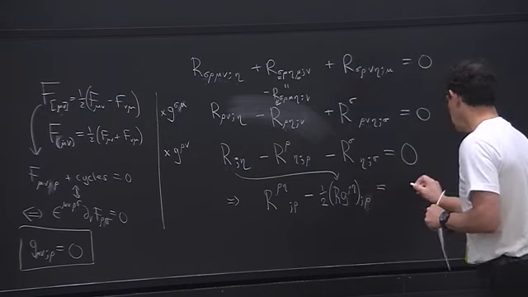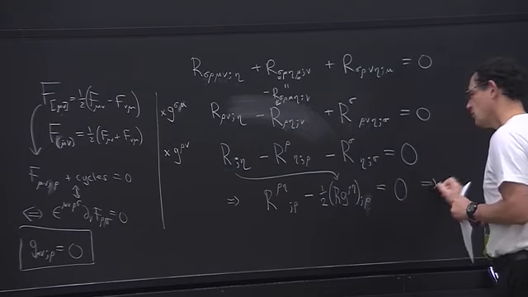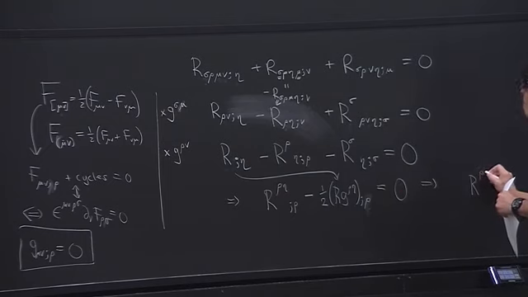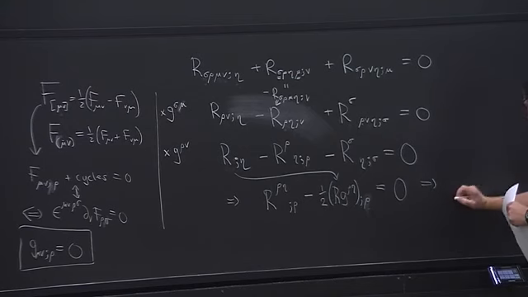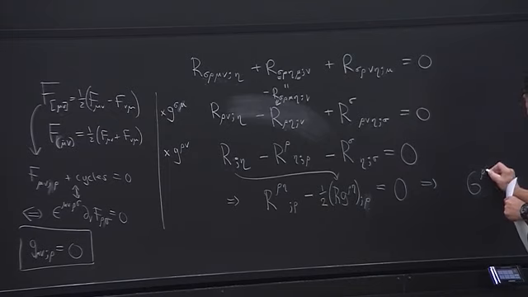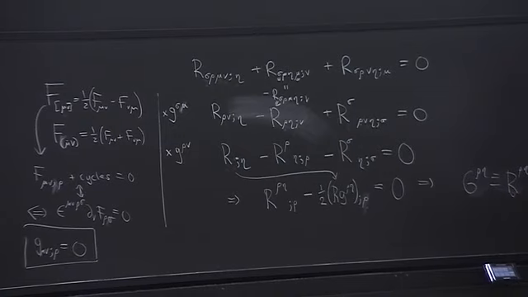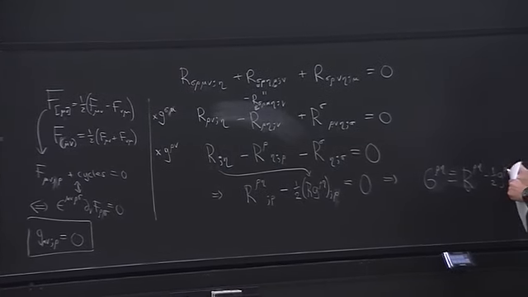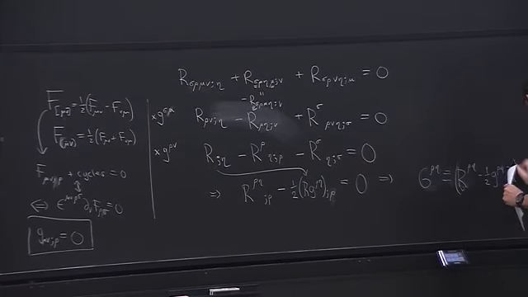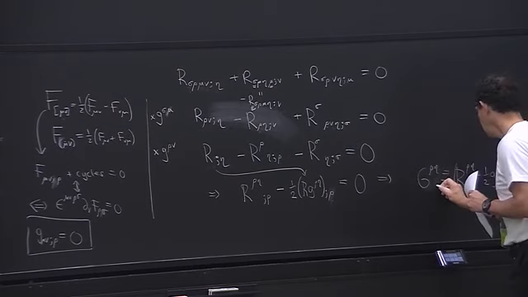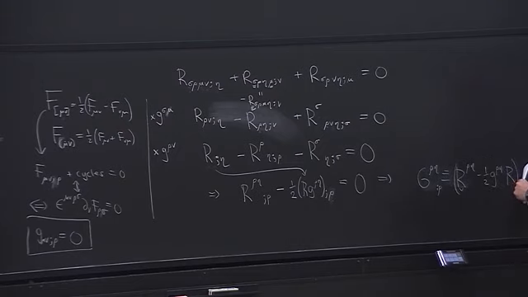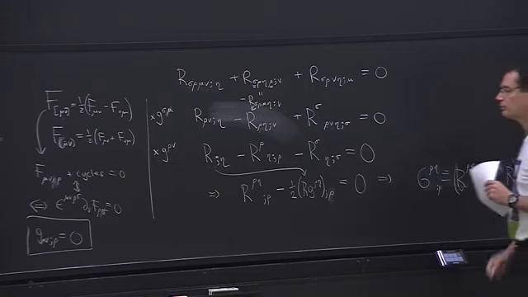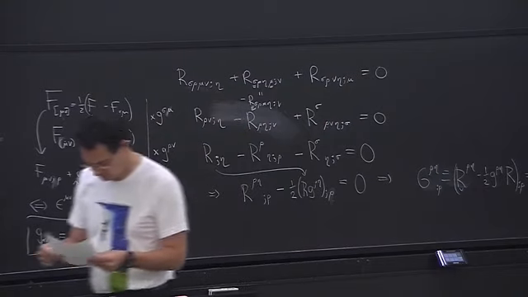So this equals 0. But of course, that equation is exactly what I want. That's R rho eta minus 1/2 g rho eta R. That's the Einstein tensor, G rho eta, which is defined to be R rho eta minus 1/2 g rho eta R, semicolon rho, equals 0. So that's what we wanted.